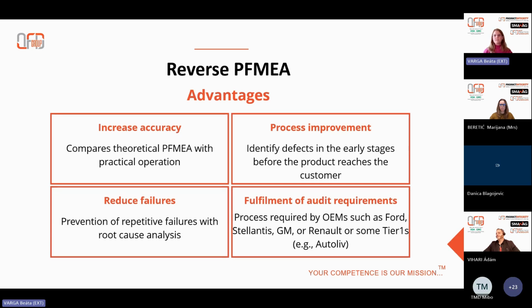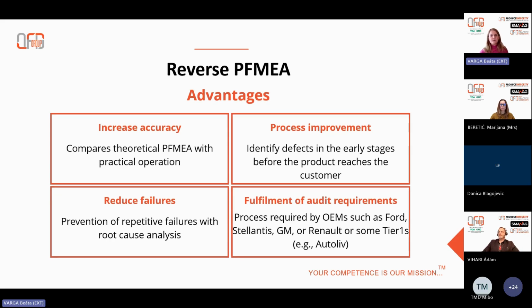Reverse FMEA not only finds new issues, but also prevents repetitive failures because we are forced to do a real root cause analysis and strengthen our controls. And finally, reverse FMEA helps with fulfilling audit requirements. Several OEMs like Ford, GM, Stellantis, or Renault, and even some tier 1 suppliers like Autoliv expect suppliers to apply reverse PFMEA.